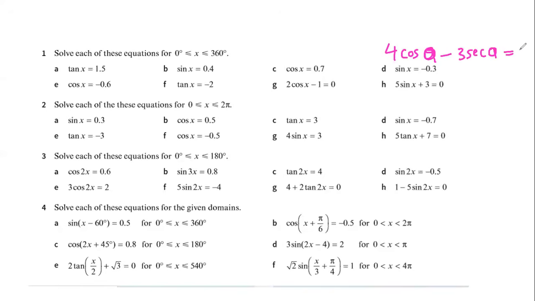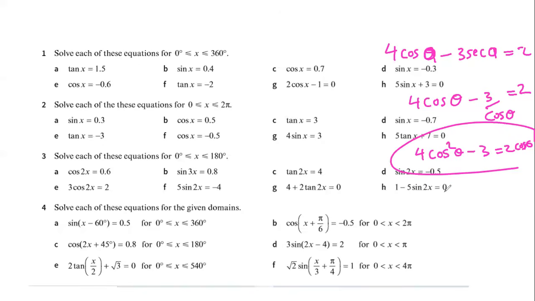This is I think theta, not A. 4 cos theta minus 3 over cos theta is equal to 2. So when you take this, we have not reached here, but you'll do it like this. And this is a quadratic equation. We shall handle it next time.